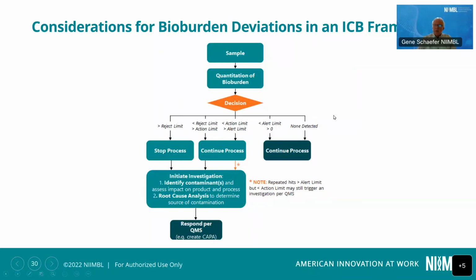And in the case study, we did consider only traditional types of processing, where you would have a 2 to 3 day delay in getting your bioburden result. So it's a challenge when you have a process that's continuously moving, as opposed to batch where you could get a result before moving on to the next step.